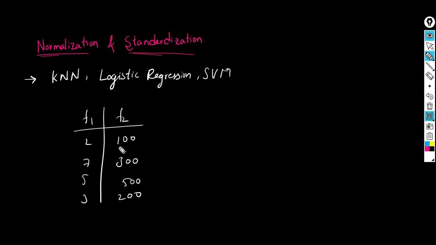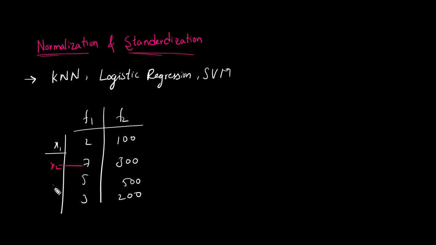When you are finding the distance between the points, this is the x1 point, this is the x2 point, this is the x3 point, x4 point. When finding the distance from one point to another, because the ranges are different for feature one and feature two, we are going to get into a problem.